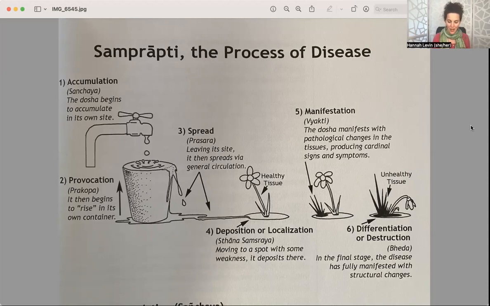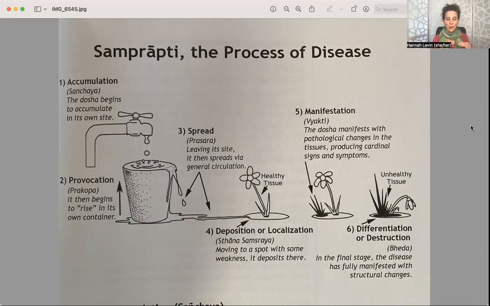really, really helpful. And so if that is not attended to at the stage of accumulation, sanchaya, and it continues, the drips in the bucket start filling the bucket. So the next stage is prakopa, or provocation.